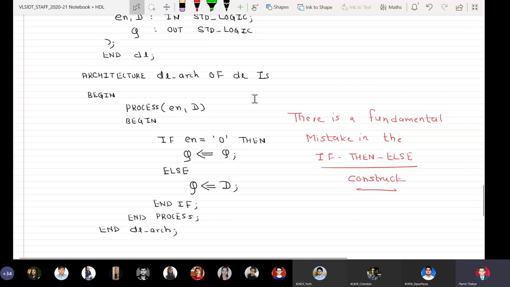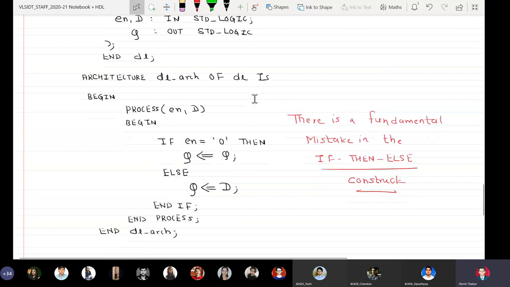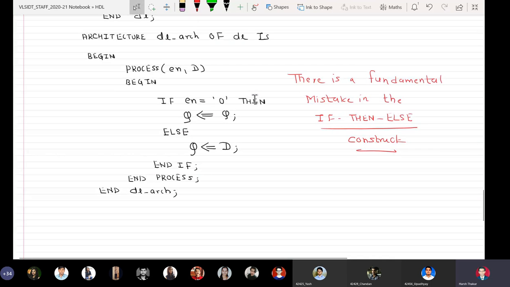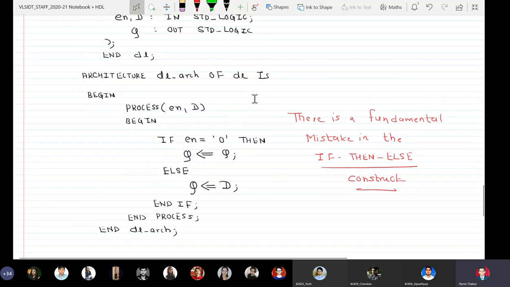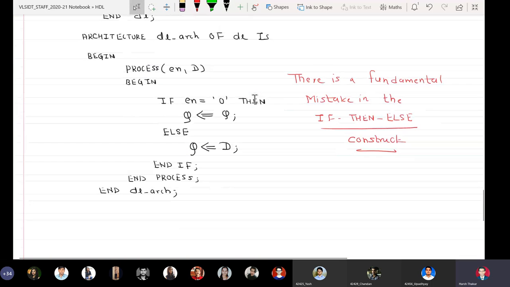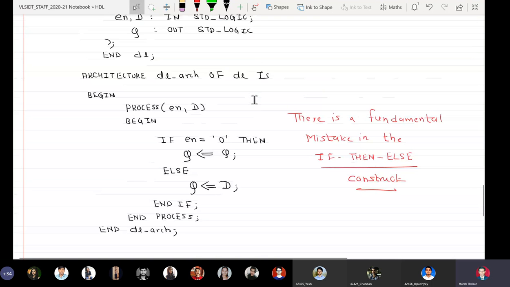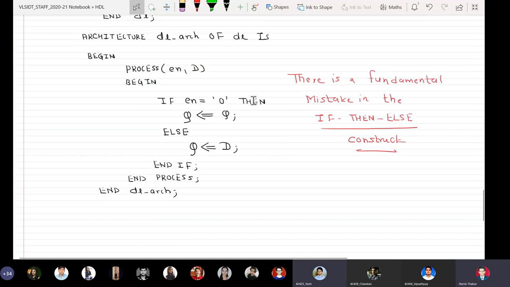Yes, the rule is that the sensitivity list contains the list of signals on which the output is dependent. That is a rule of the language. You may say, sir, because it is a sequential system, the next state output depends upon the previous state of output. That is correct theoretically, but this is not allowed in the language. You understand? Yes, sir.